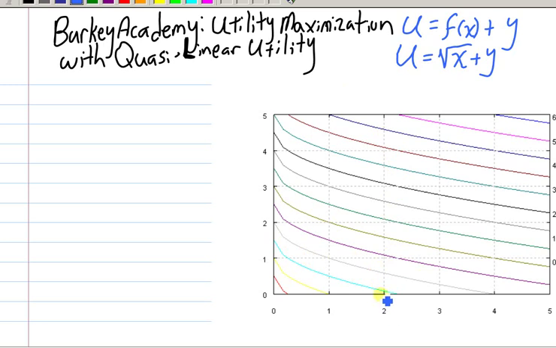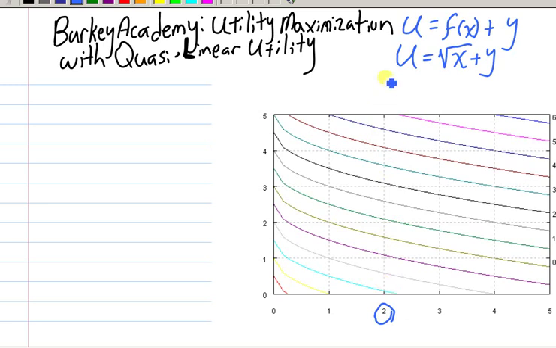To be a little bit more clear about that, if we look at, say, x equals 2 here, and we go straight up in the y direction, the slope of this blue indifference curve at this point, x equals 2, is the same as the slope of this gray one, and that's the same as the slope of the purple one at this point, x equals 2. So as y increases, but we're holding x constant, the slope is identical, and so these are parallel in that y direction.